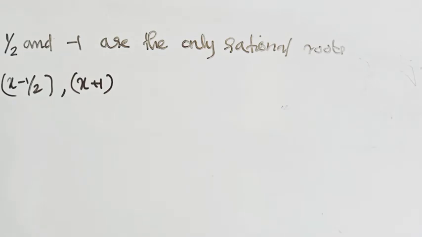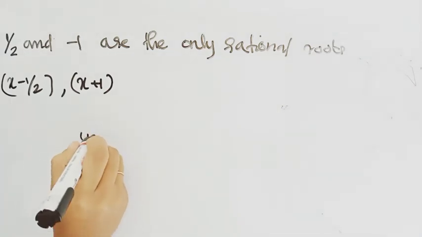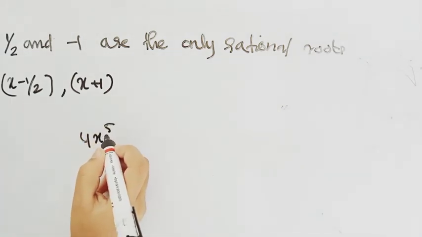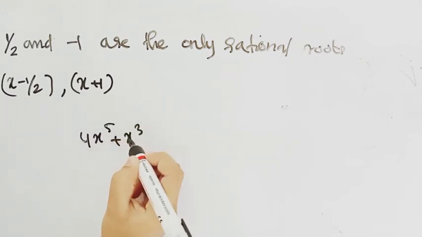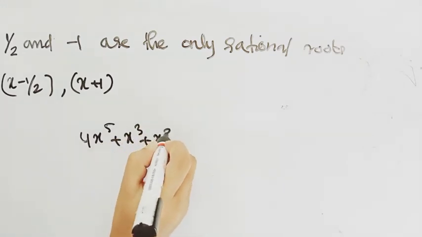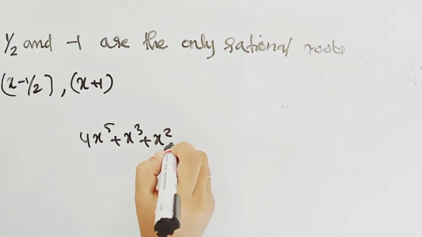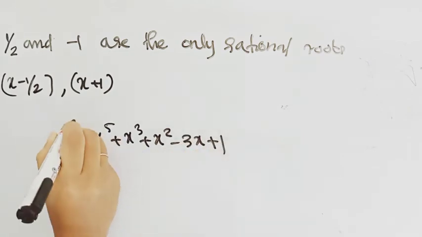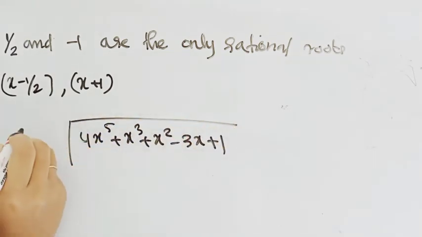And the equation is 4x raised to 5 plus x cube plus x square minus 3x plus 1 divided by x minus 1 by 2.